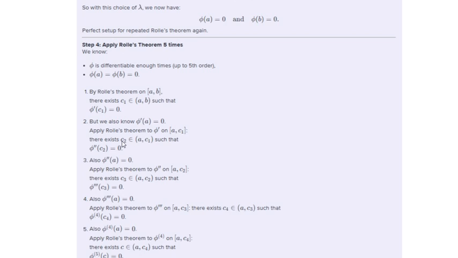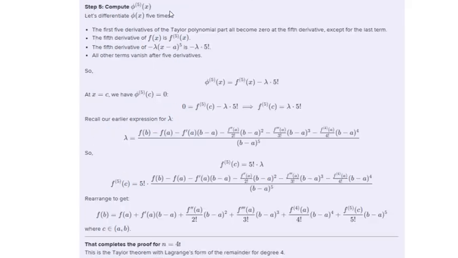In order to do that, you have to compute the fifth order derivative of phi of x. If you work out that one, you get the fifth derivative of f of x minus lambda into 5 factorial. Then if you substitute the lambda value back into the equation and solve it, we get the same thing.